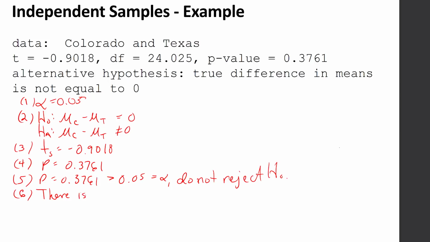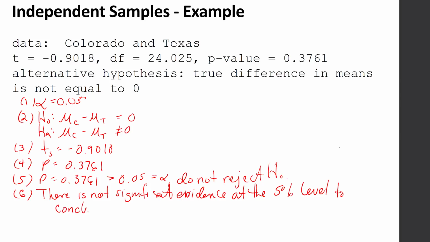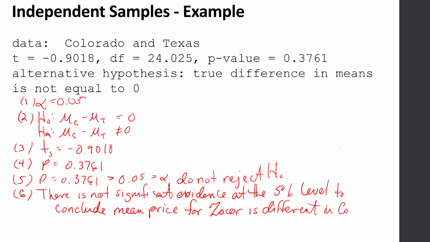So there is not significant evidence at the 5% level to conclude mean price for Zocor is different in Colorado and Texas.